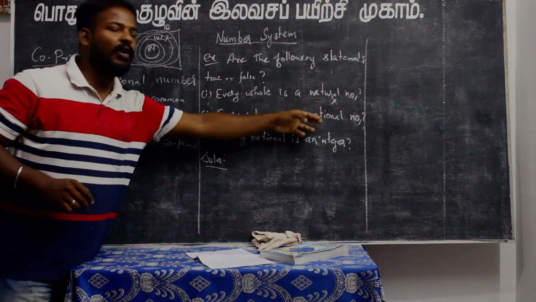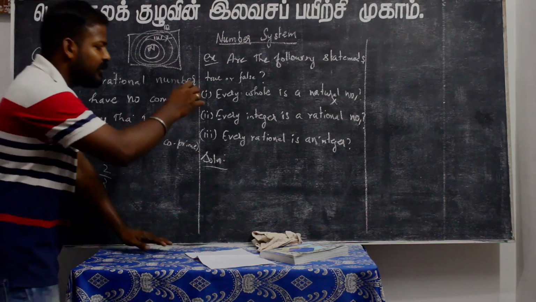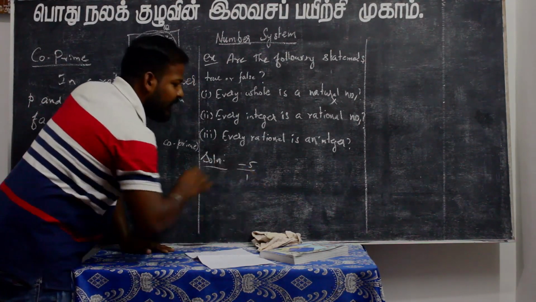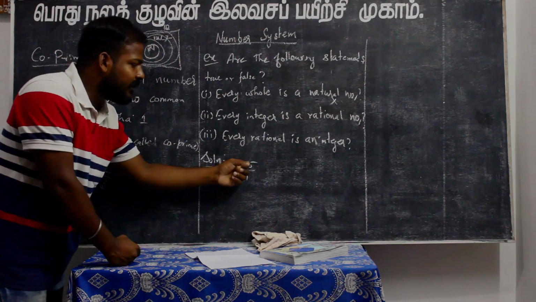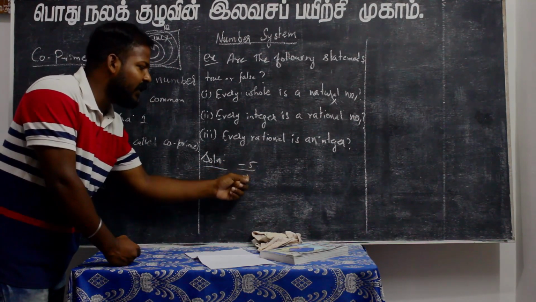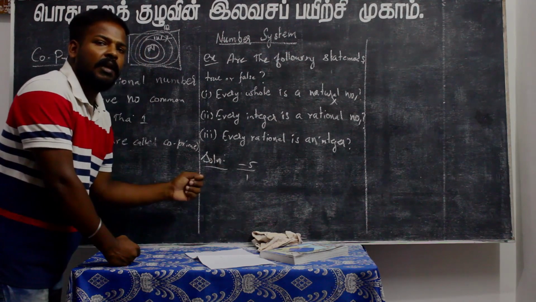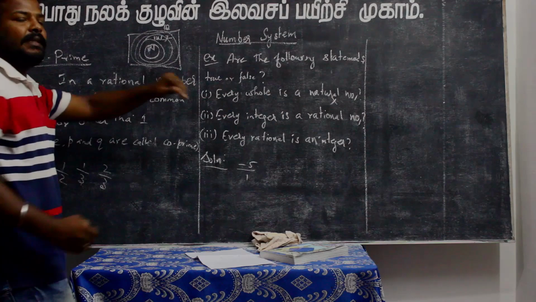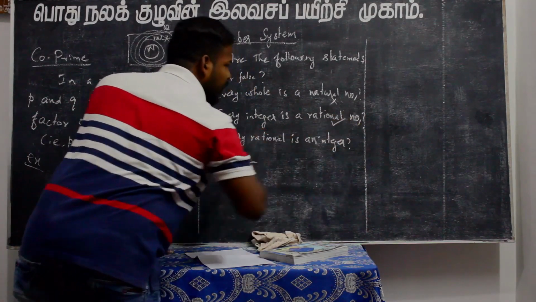But rational numbers have the p by q format. A simple example: minus 5 is an integer, and minus 5 divided by 1 is a rational number. So every integer is a rational number. This is a true statement.